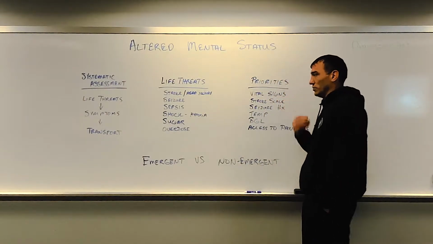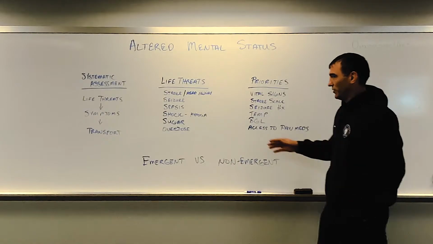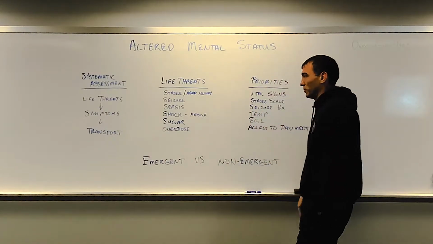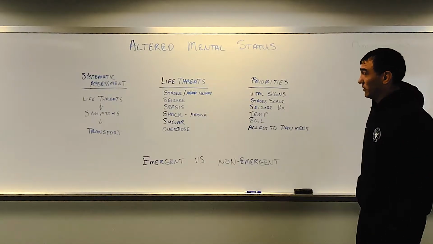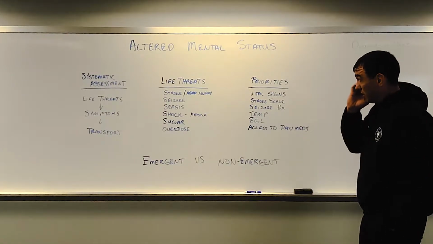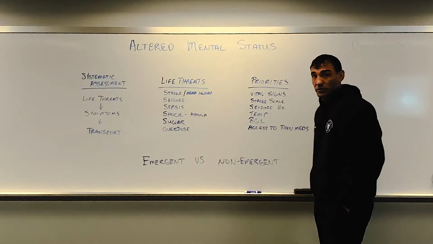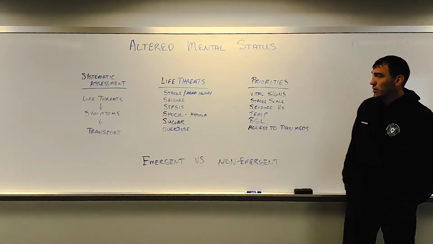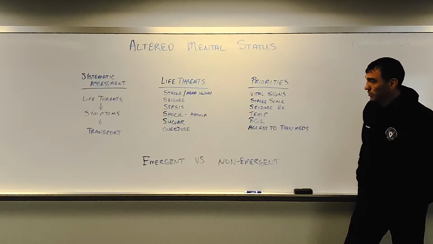The things that they want you looking for, kind of in somewhat of order here, and I've tried to associate these with my treatment priorities to kind of make this make sense. The things we're worried about when a patient's altered, obviously, is a stroke or a head injury. That's going to be our number one. Especially here in Owasso, we have a lot of elderly patients.